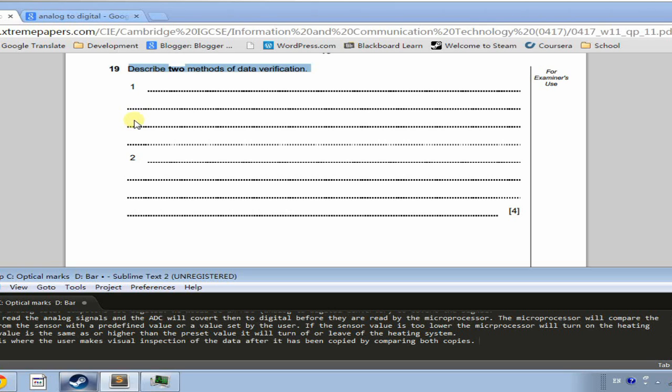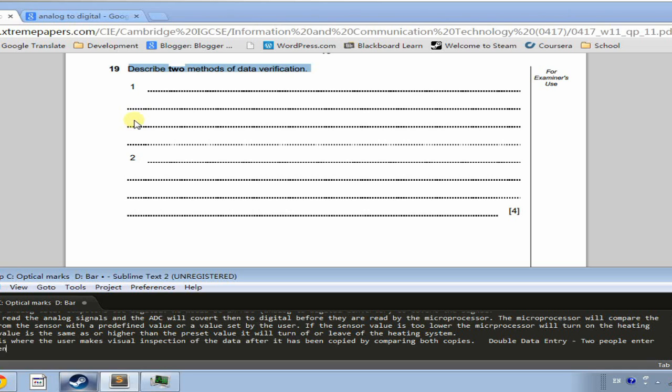And then on the other side, the other option we have is called double data entry. So again, if we were copying a book into a computer and we wanted to verify that our data was correct, one of the ways that we can do this, and it's a bit more sophisticated than the visual check, is to have two people enter the data.